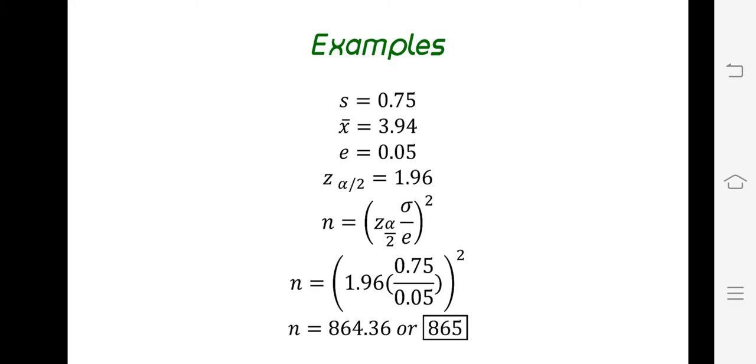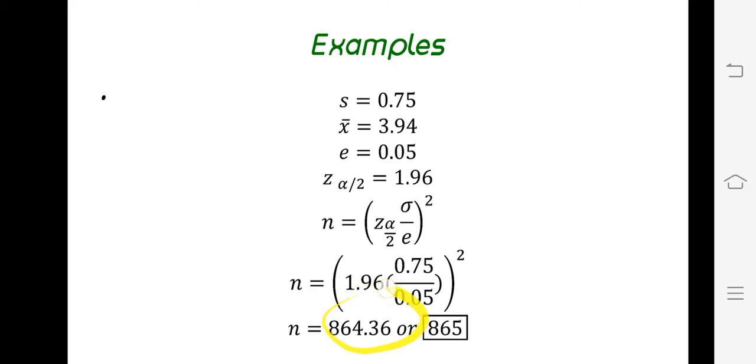If this represents the number of human beings, there is no human being which is 0.36. So we can round it up to 865.